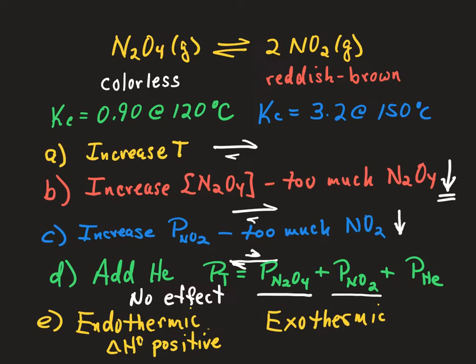Or is it exothermic? That is, does it release heat, that is, delta H for the reaction is a negative number. Okay, now we've got that straight. Sometimes we learn more from screwing it up.